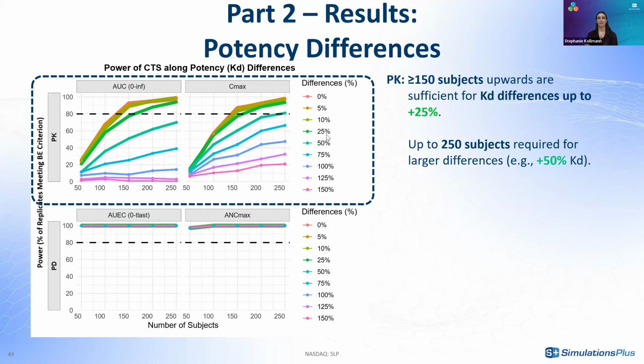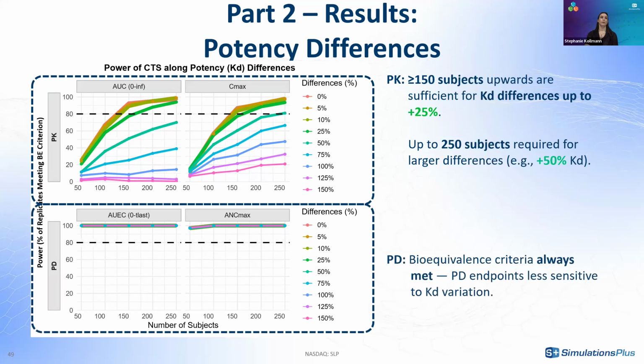However, larger differences in binding affinity, such as a 50% increase, would require a substantially larger sample, around 250 subjects, to maintain power. Also discussing PD, the PD endpoints once again met the bioequivalence criteria across all scenarios.